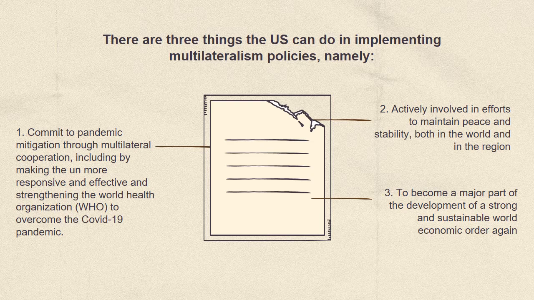Two, actively get involved in efforts to maintain peace and stability both in the world and in the region. Three, become a major part of the development of a strong and sustainable world economic order again.